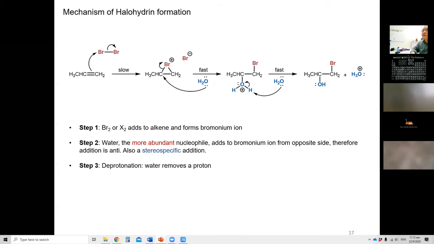It's a more abundant nucleophile. And the abundant nucleophile will add into this bromonium ion instead of the stoichiometric amount of bromide anion. Once the H2O adds to here, it forms this bond, and this bond breaks, to give this hydronium ion. And this hydronium ion will be followed by a deprotonation step, in which the abundant nucleophile, the H2O, will remove one of the protons from this ion to give this halohydrin.